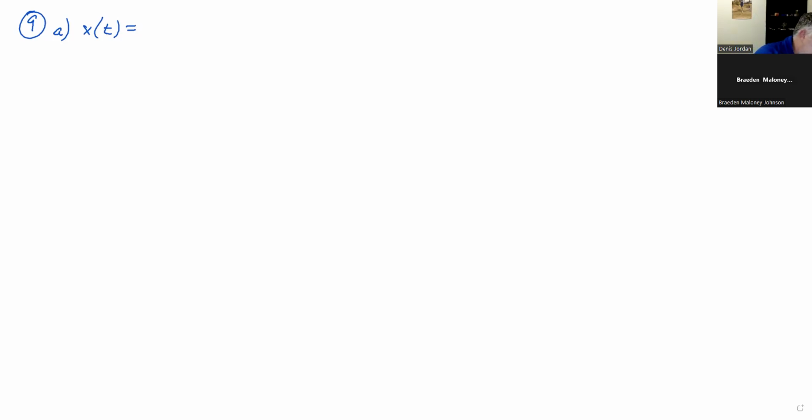Perfect. For x, it would be v sub 0 cosine theta times t. And then your y at t is negative 1/2 g times t squared plus v sub 0 sine theta t plus h.